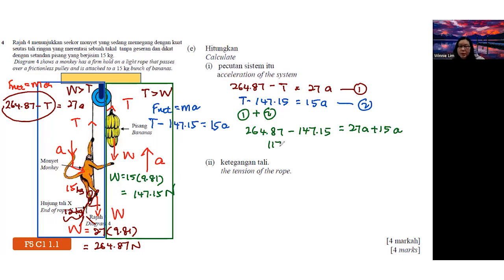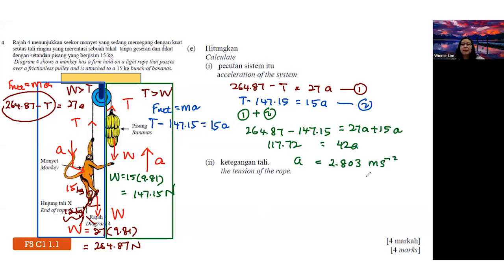So you have 117.72 Newton equals to, you no need to write the unit during substitution, 42A. So hence your acceleration will be 2.803 m s^-2. You must write the unit.